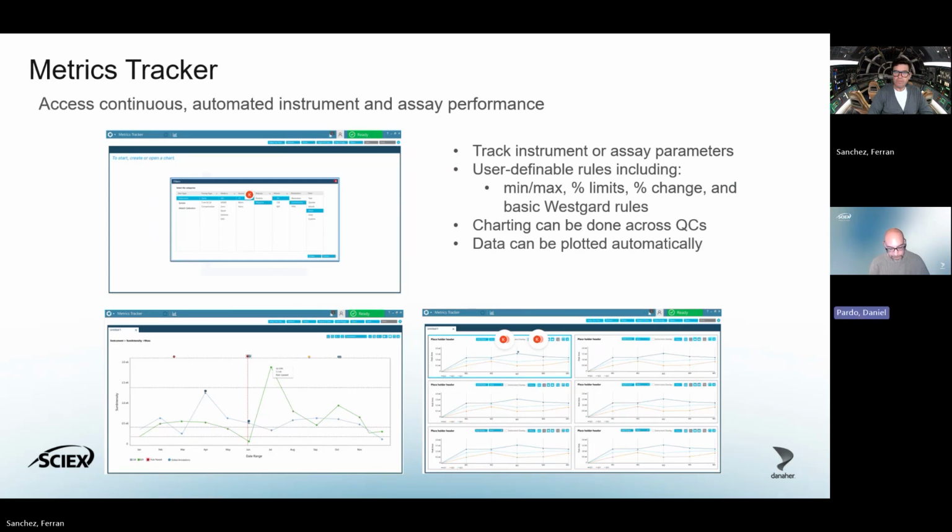It gives them a viewpoint of their performance, not just based on the PM specifications that their engineer or their own tuning solution may provide, but also an over time performance view for how the system is behaving, whether that be calibration or tuning performance, any kind of contamination testing that may be set up, but also to include the accuracy around their QCs, understanding the performance around accuracy for retention time, peak intensity, peak area. This information is more powerful than ever for our customers and allows them to maximize the utilization of their instruments.